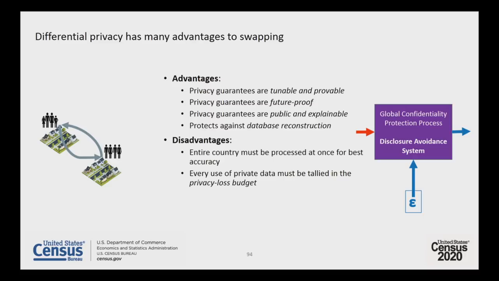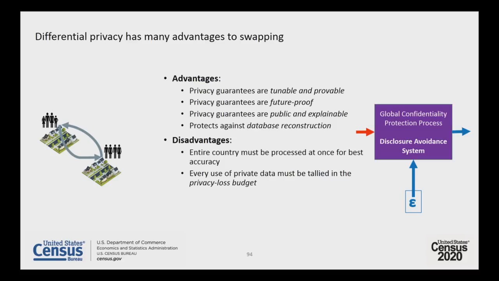Our privacy guarantees are future-proof. The privacy mechanism is protected against new data releases and new mathematical discoveries. Unlike swapping, the privacy guarantees of differential privacy are public and explainable. And as I indicated before, the mechanism protects against database reconstruction.